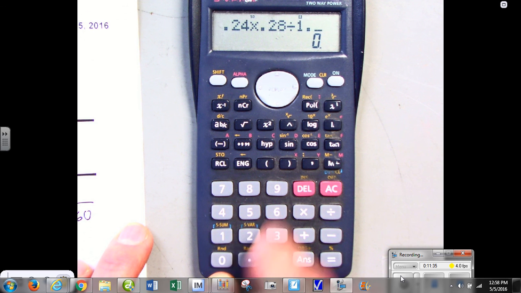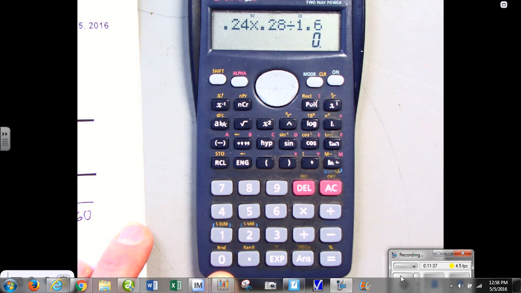So now I put in the 1.6, and the last number I'm going to put in is also on the bottom. So you're going to be tempted to hit the times sign. Don't do it. Every calculator in the world does this exactly the same, unless you put in some extra characters, which isn't worth worrying about.